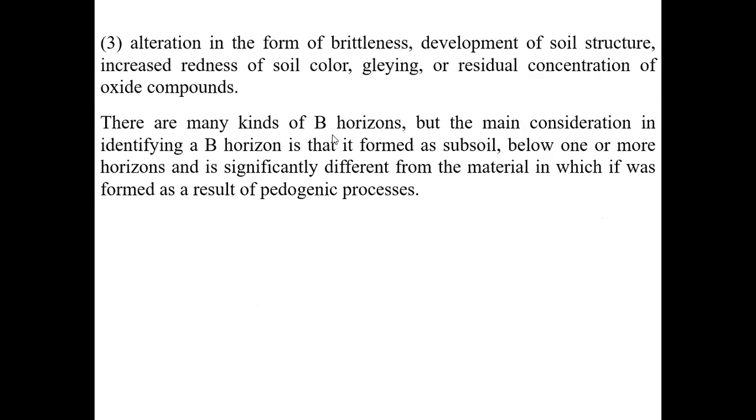There are many kinds of B horizons, based on the conditions prevailing in that particular area. Due to different pedogenic processes, we can see some depositions, some leaching, and even some gelling characters in the B horizon. We will see what kinds of B horizons there are in the coming slides.